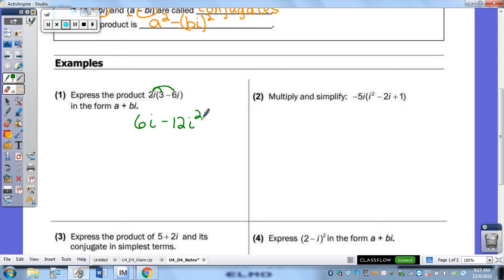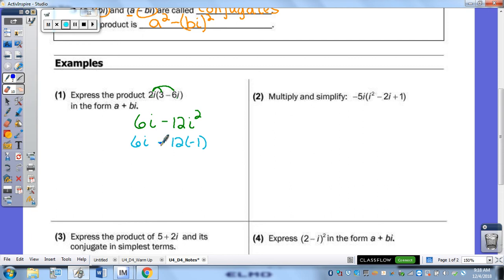And then remember, we always have to clean this up. We can't have an exponent higher than 1 on our i's. So i squared, remember, reduces down to -1. I'm going to bring down my other parts of that also. I still have that minus sign there, and I still have that 6i.